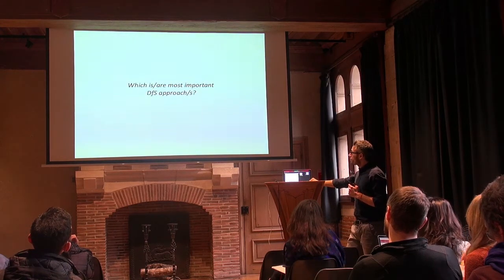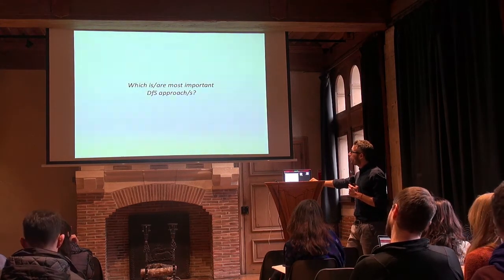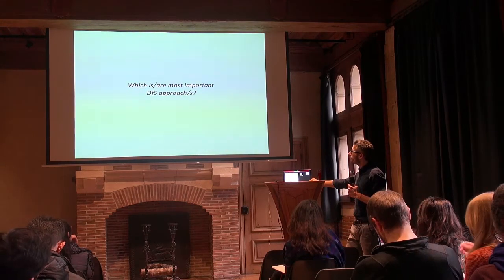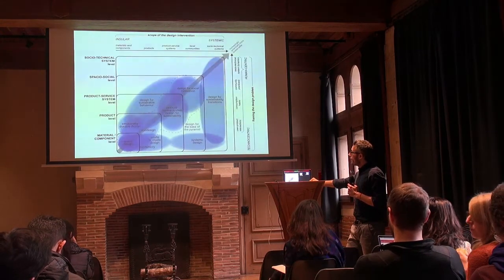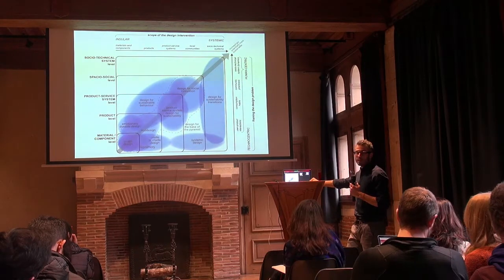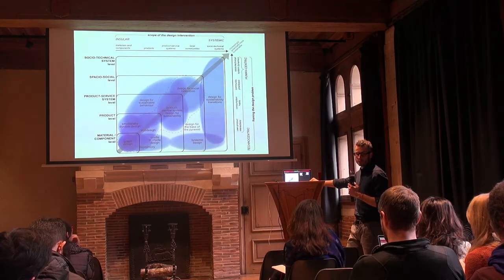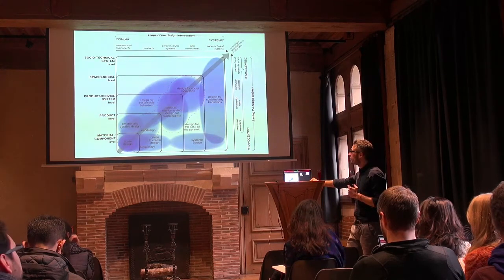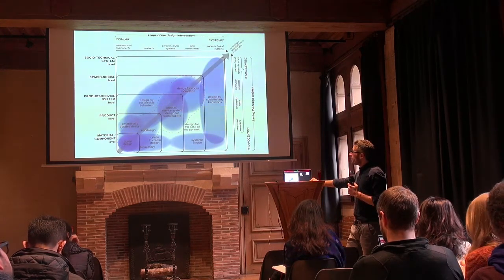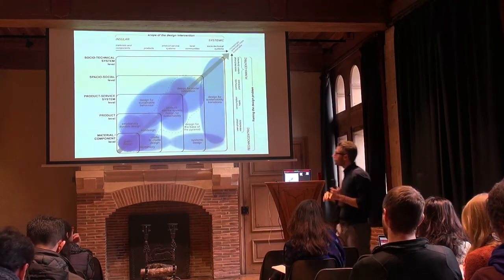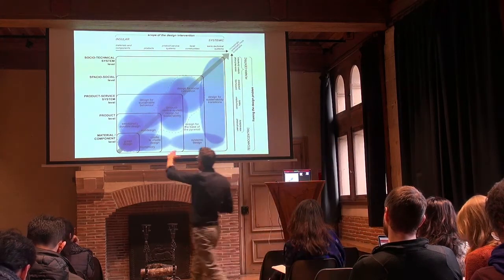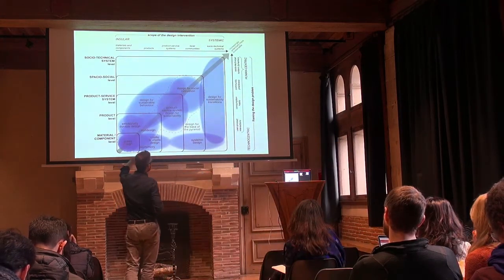We can also make some considerations about the importance of the different approaches. We said in the beginning we need changes at the socio-technical system level, so that's a common understanding. But it would be a mistake to consider the approaches at the lower level less important.